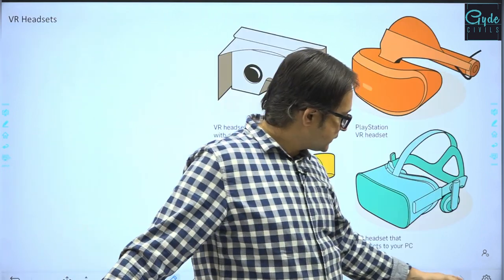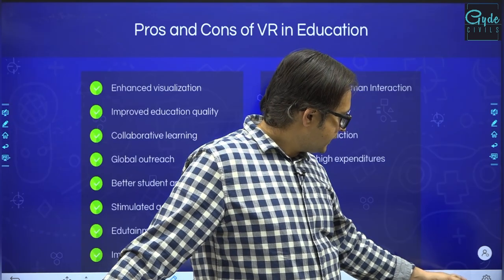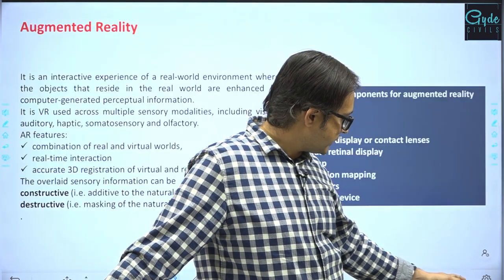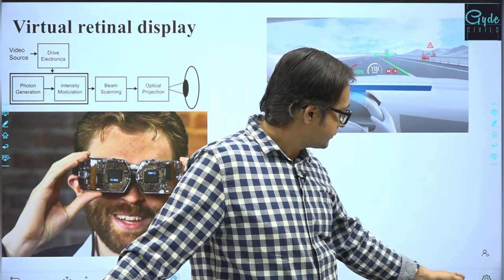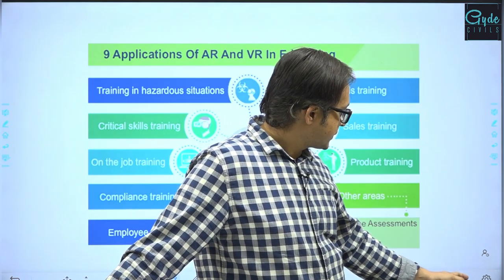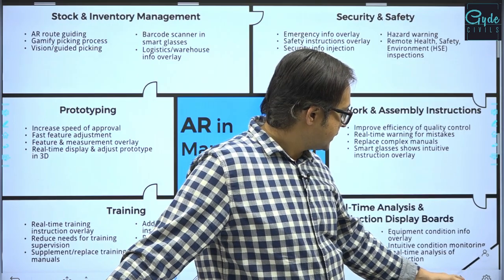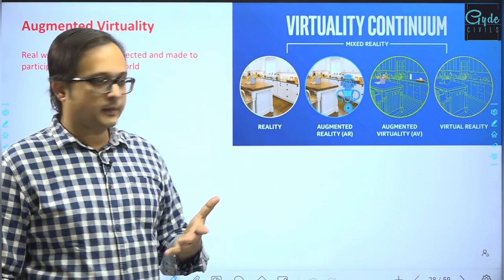When we look at this, there are three parts of the virtual reality continuum that we can understand, and this is the virtuality continuum, right?